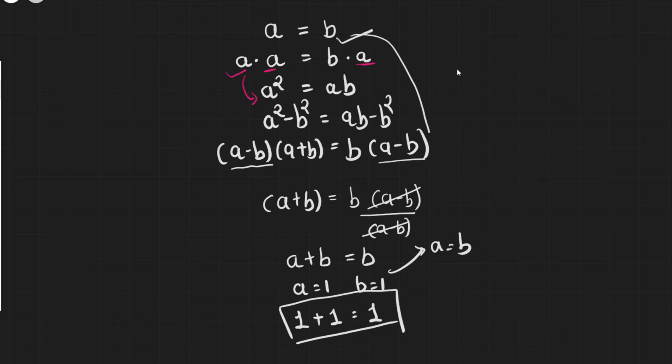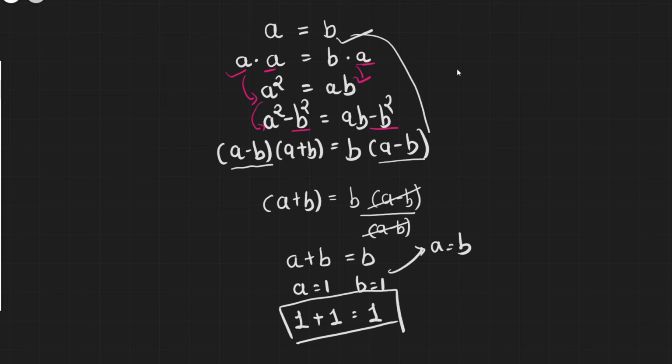This becomes A square, this becomes AB. This is a simplification. Now I have subtracted B square from both the sides. This is also a valid mathematical procedure. I can subtract some value from both the sides, and that we can do.